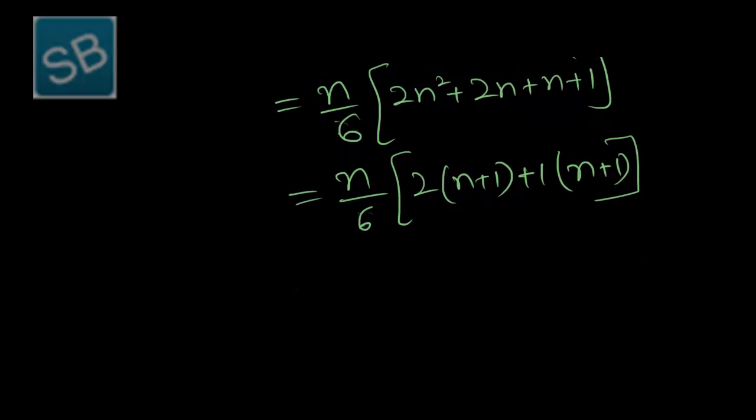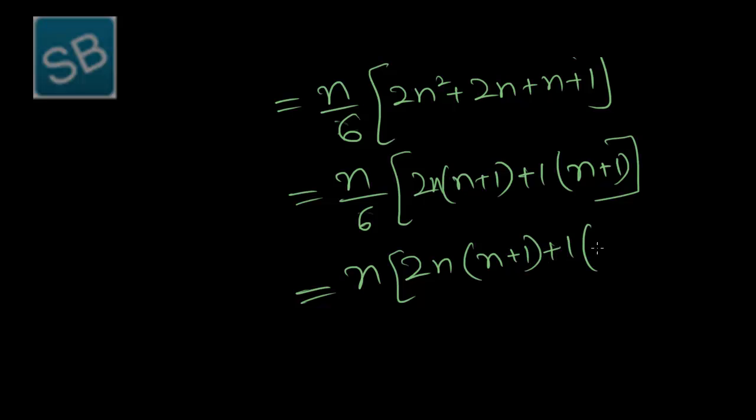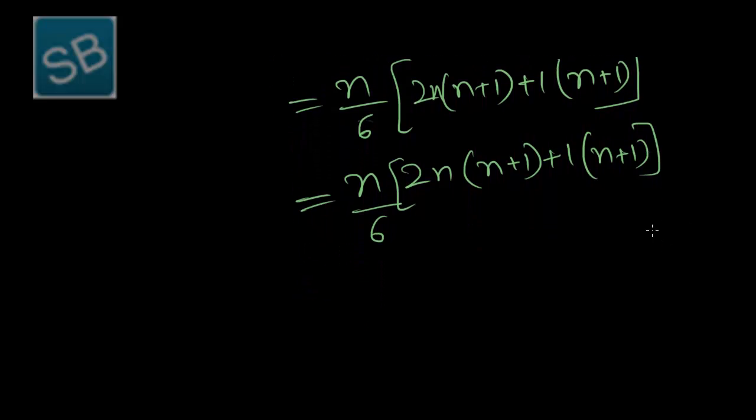So we get n into, here 2n is common out, n plus 1. While doing calculation, just concentrate on the calculation. Otherwise you see I have done so many mistakes. So just concentrate. We get n into 2n plus 1 into n plus 1 over 6.